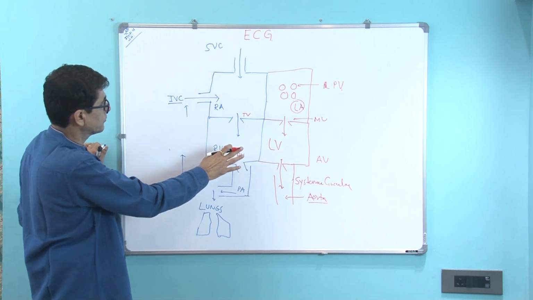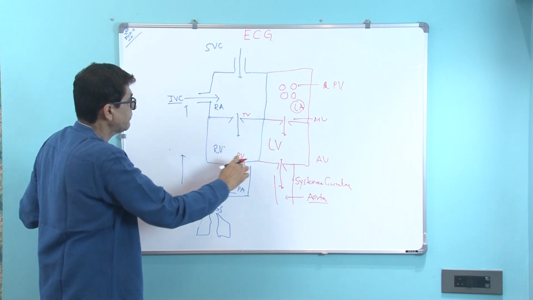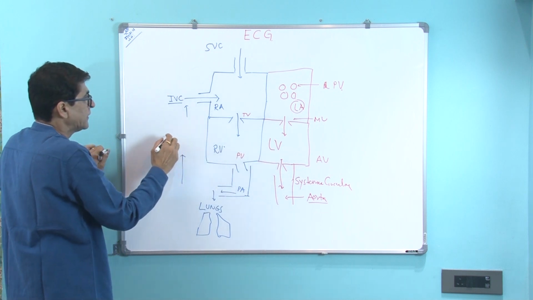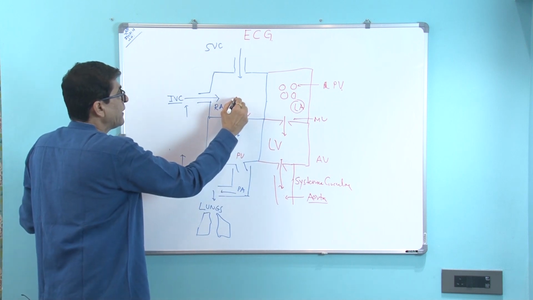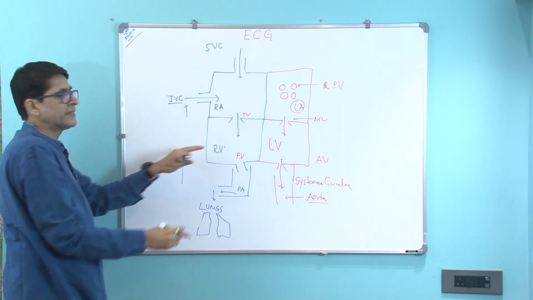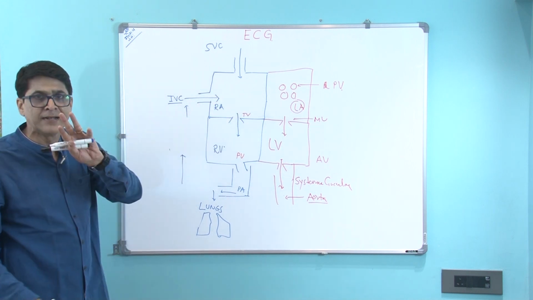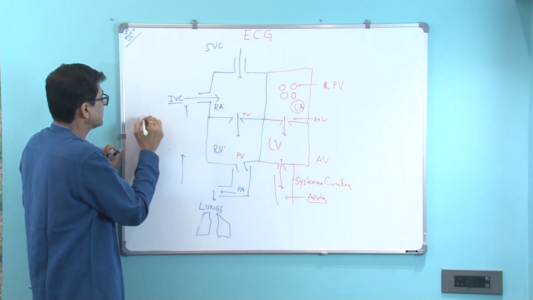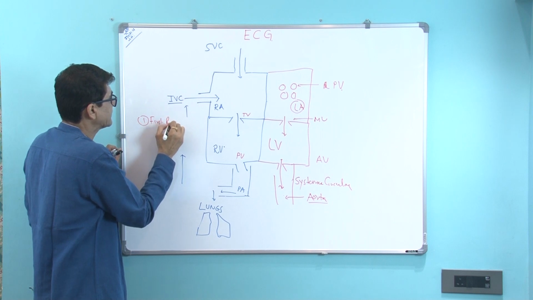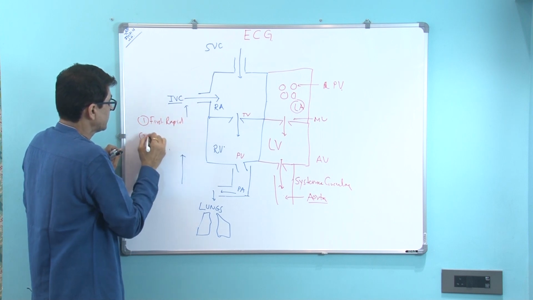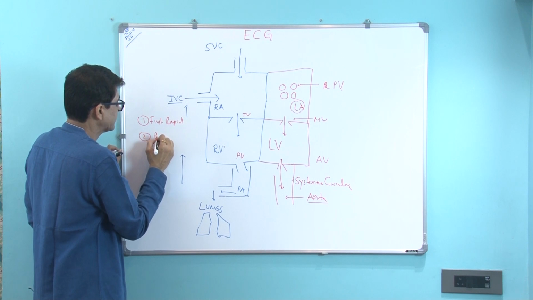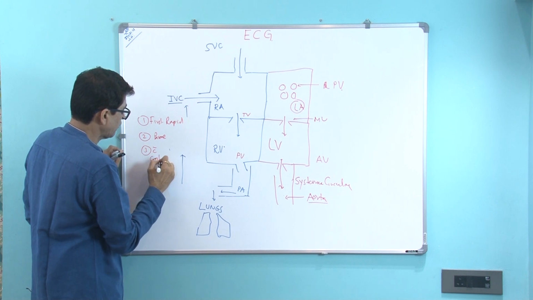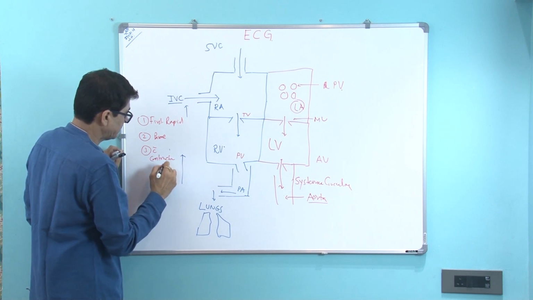The filling from the right atrium to the right ventricle happens in 3 stages: first, the rapid filling phase, second, a passive phase, and third, with contraction of the right atrium.